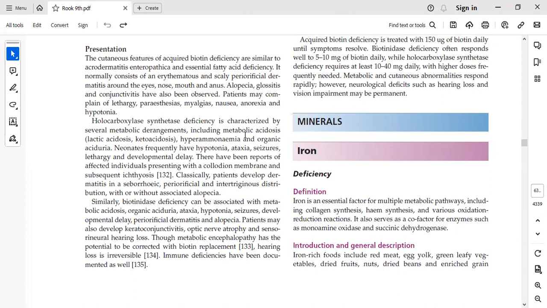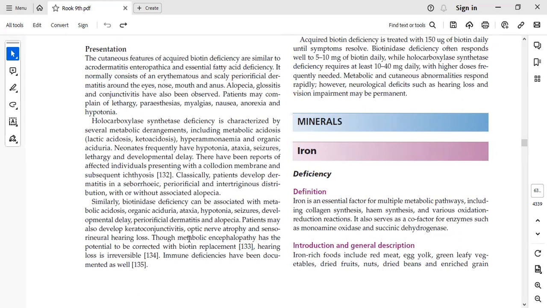Also because of this acidic environment, there is disruption of the urea cycle and accumulation of ammonia, causing hyperammonemia. All these conditions, like metabolic acidosis, hyperammonemia, and lactic acidosis, result in a condition known as metabolic encephalopathy. The child will present with metabolic encephalopathy, with seizures, with fits, and with hypotonia, as you can see over here.